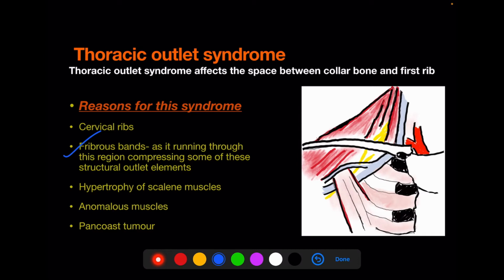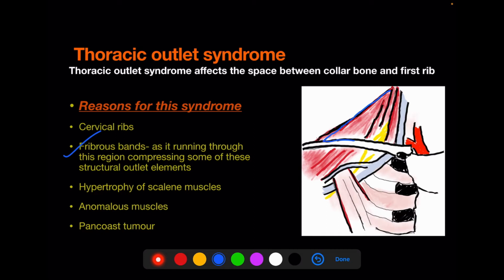This hypertrophy of skeletal muscles could compress or put pressure on the elements passing through the interscalene triangle. As I said in the previous lecture, the brachial plexus trunks could be involved here, or the subclavian artery.